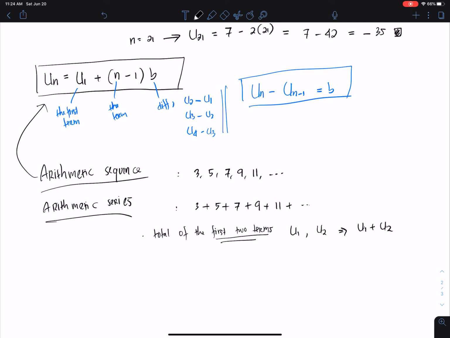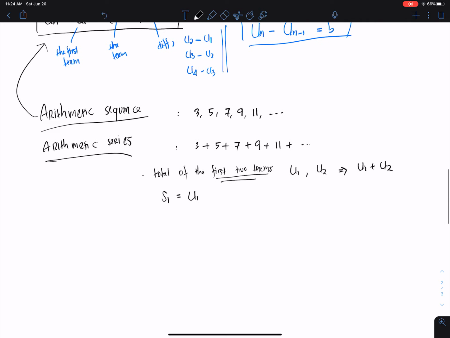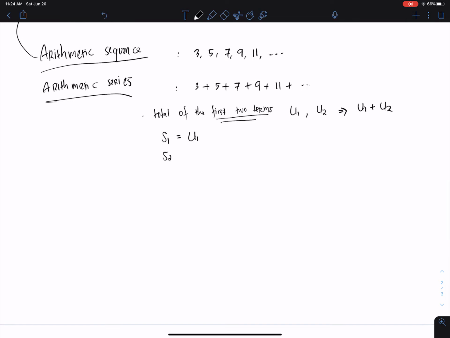In an arithmetic series, S1 means total of the first term, meaning u1. S2 means total of the first two terms, meaning u1 plus u2. And S3 means total of the first three terms, so u1 plus u2 plus u3, and so on like that.